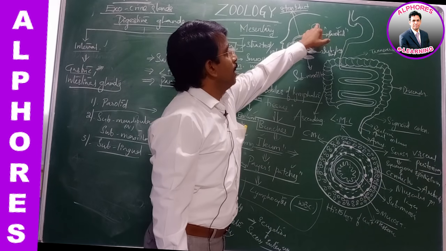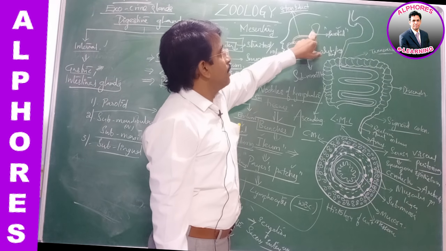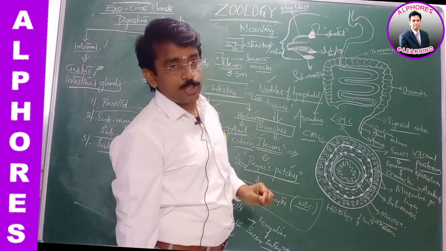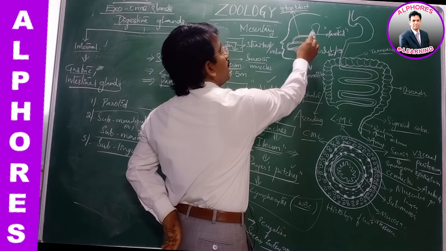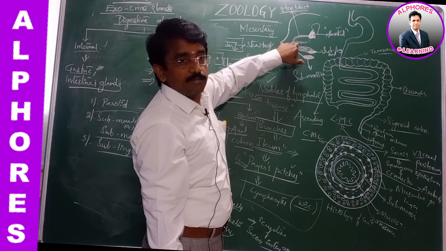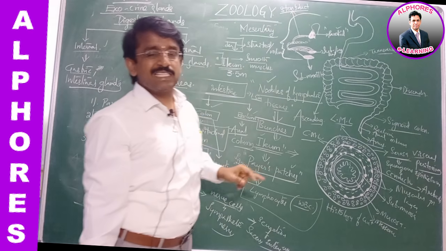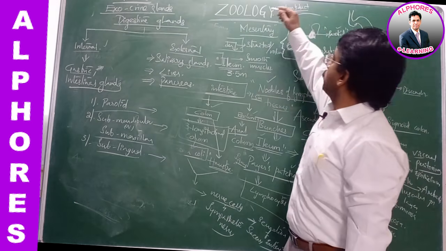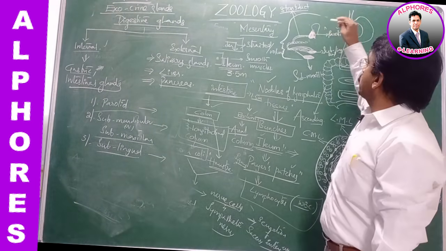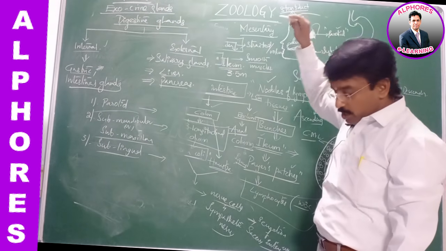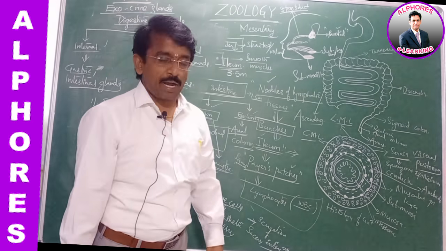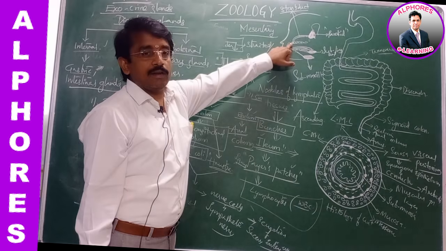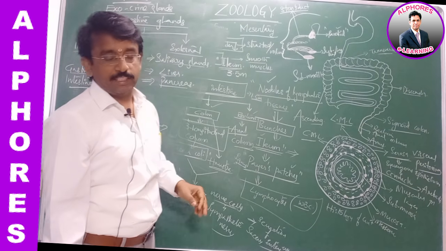So the parotid gland lies below the pinna, and by means of the Stenson's duct it opens into the upper teeth, in the region of the second upper molars, and releases its secretions.